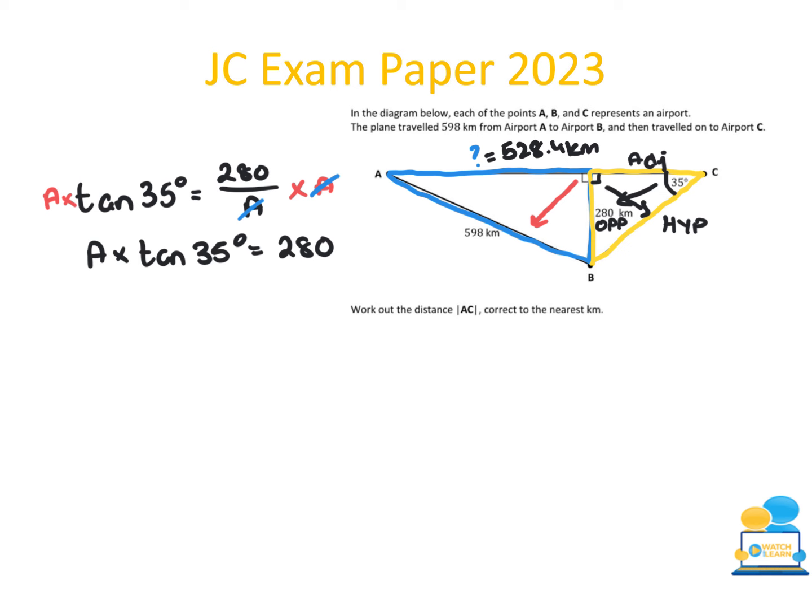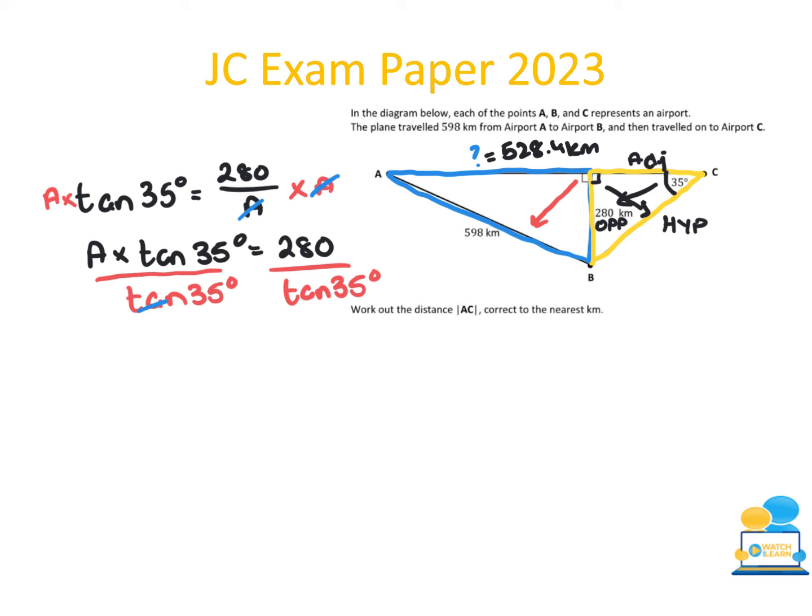Now I have no fractions left. My A is on the left hand side, but it's attached by multiplication with tan of 35. So to remove tan of 35 from the left hand side, I'm going to divide by tan of 35. And I must do that on my right hand side too.